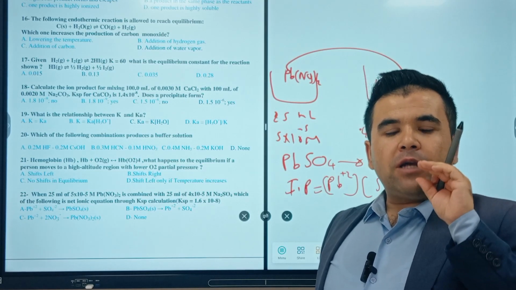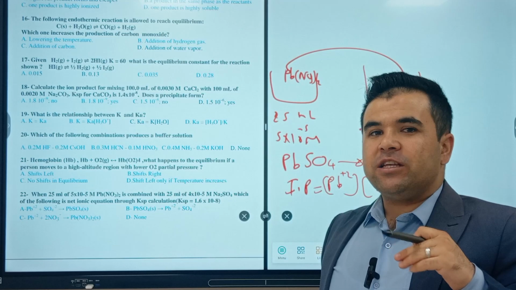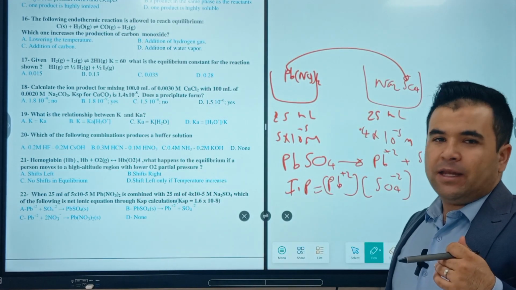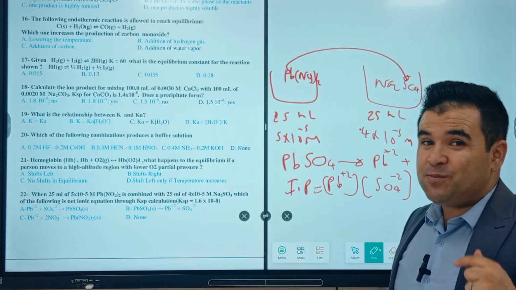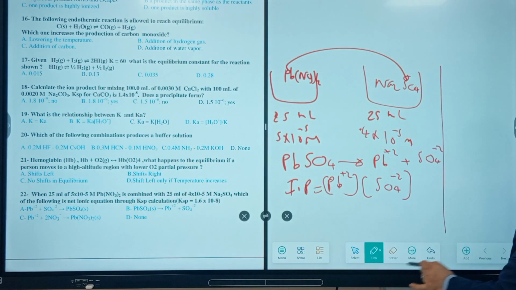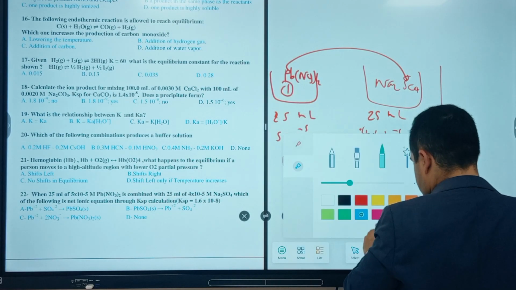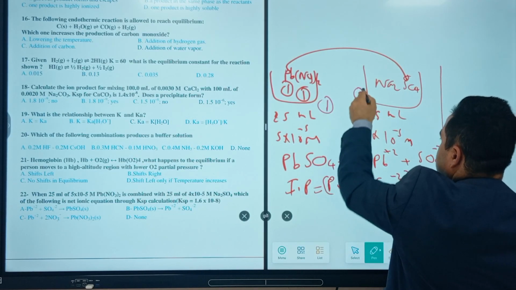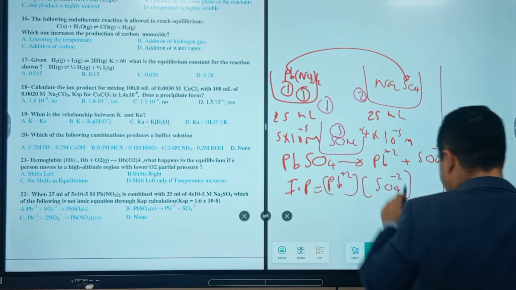First we have to calculate the IP and compare it with the KSP. If the IP is higher than the KSP, there will be a precipitate of the sparingly soluble salt, and a net ionic equation. If the IP is lower than the KSP, there will not be a precipitate and no net ionic equation. Let us solve for each of those. The first solution and the second, when we combined, form 50 milliliters, the third.